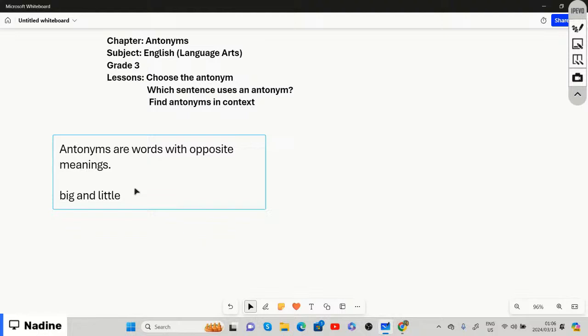All right, so we said antonyms are basically words with the opposite meaning.